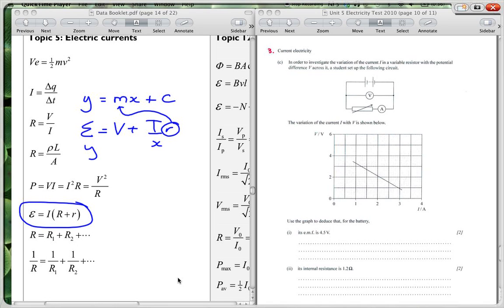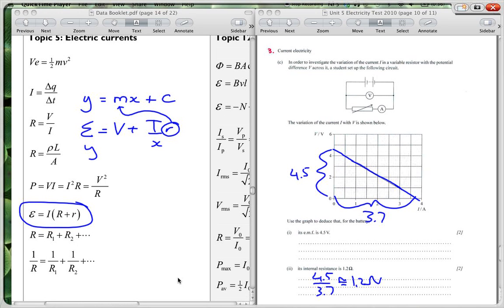The gradient of this line is equal to the small r. If I extend it up as before and extend that down like that, this over here is about 4.5, and this over here is about 3.7. So I've got 4.5 divided by 3.7, and that works out to be about 1.2 ohms.